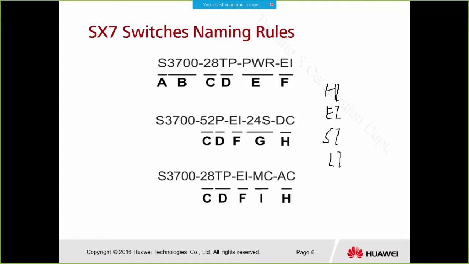If there is, some ports are optical ports. Finally, this DC and AC means it supports DC power or AC power. And some switches support a monitor port. Here, MC means it supports monitor port, monitor interface.